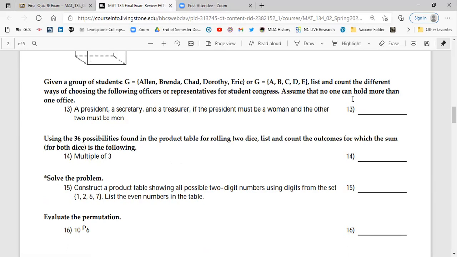Assume that no one can hold more than one office. Okay, so a president, secretary, and treasurer. If the president must be a woman, and the other two must be men. Any questions with 13? Using the fundamental counting principle there.